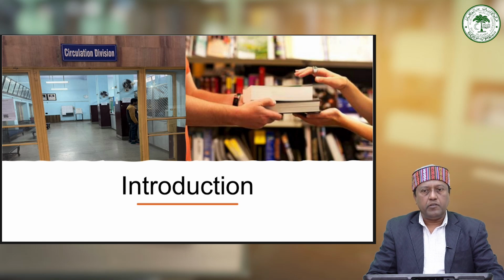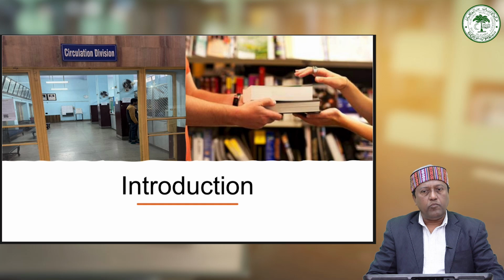From seasoned scholars to curious learners, the circulation desk stands as a beacon of assistance, guiding patrons through the shelves in search of literary treasures. But the role of the circulation section extends far beyond book lending.